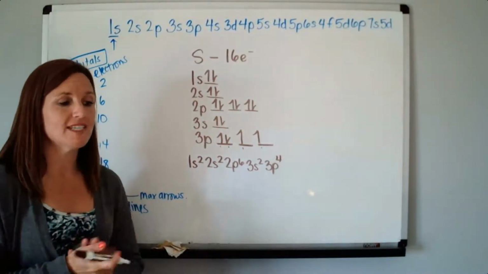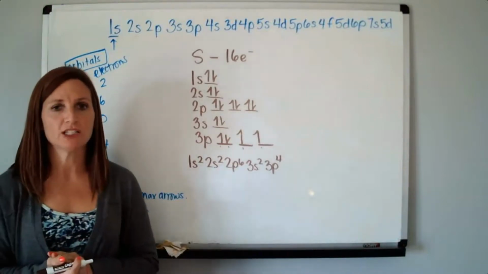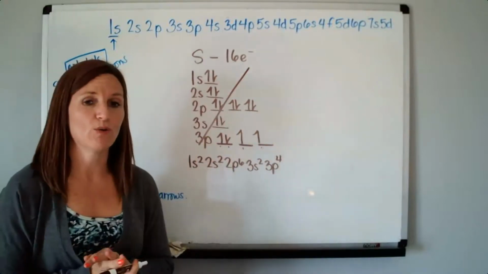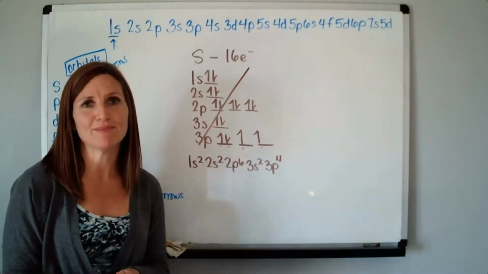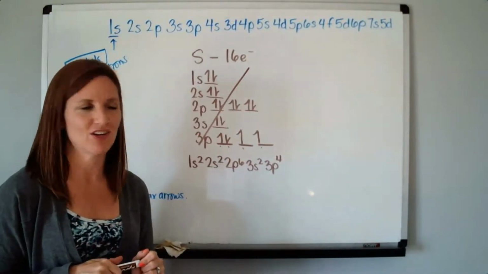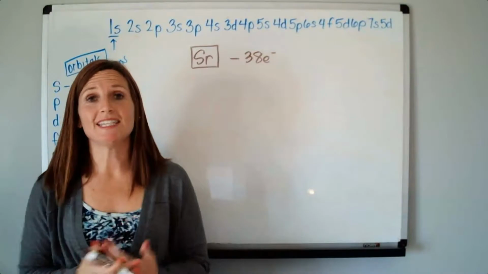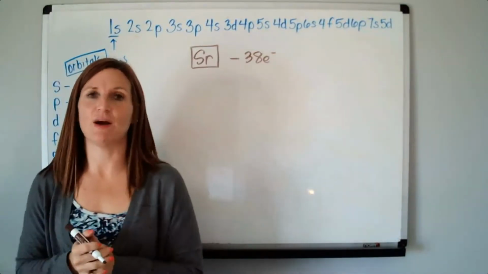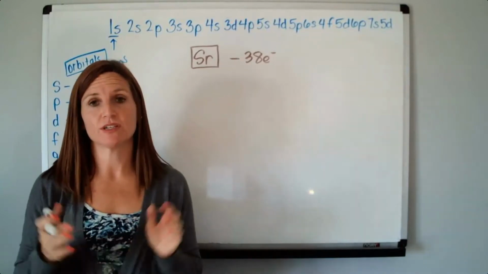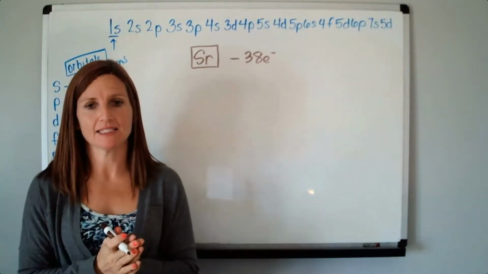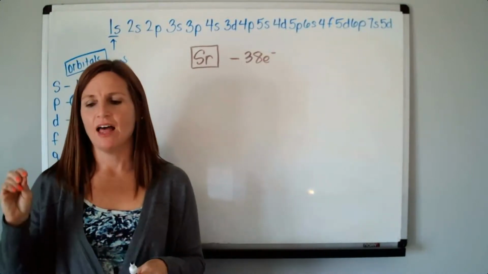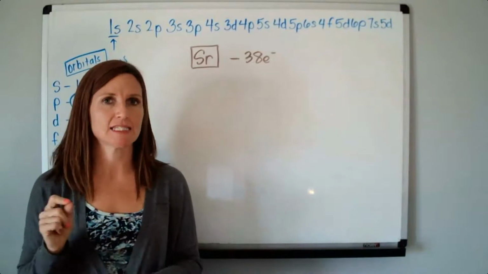We're going to do one more together, and for this one, we're going to try to do the electron configuration without doing the orbital diagram first. Save you some time, save you some effort, save you some paper. We're going to try to go straight to those electron configurations. Strontium has a massive number of electrons in it, and using the trick that we learned in class, I think we can tell that strontium is going to end in the s block.